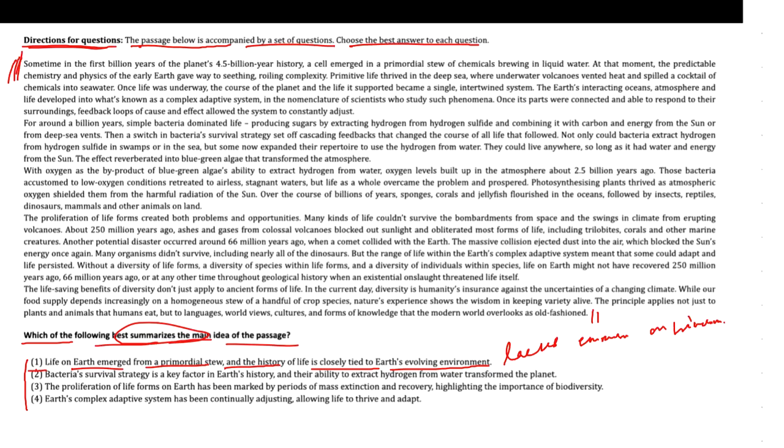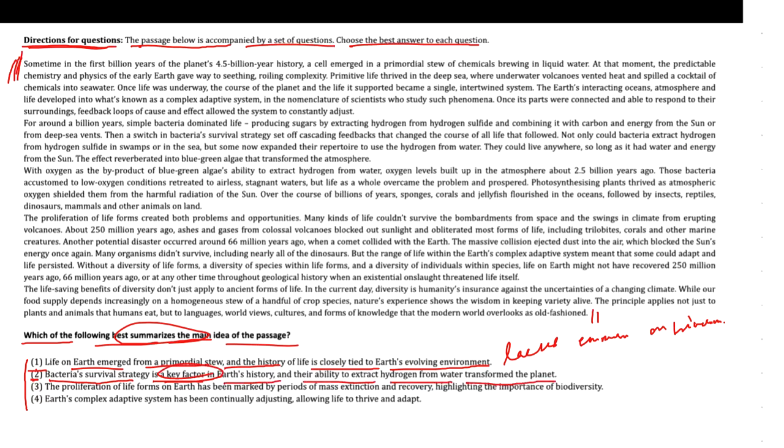Now moving to option two. Option two states bacteria's survival strategy is a main factor in Earth's history, and their ability to extract hydrogen from water transformed the planet.